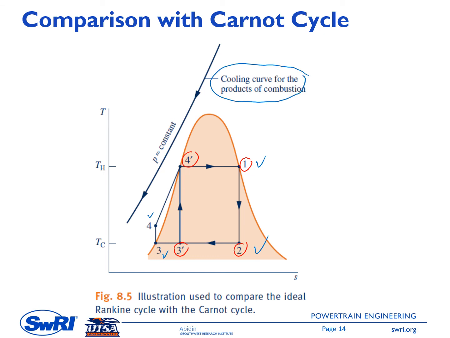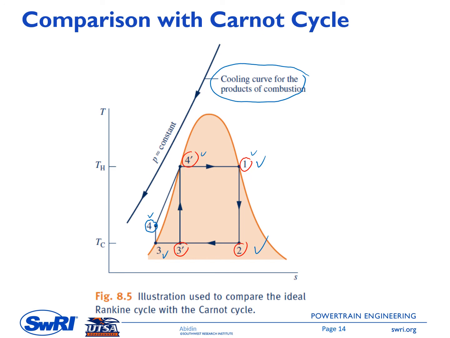If we use a Carnot cycle, it means we can cool down this combustion product down to the temperature at 4 prime, or 1 here. But if we use the ideal Rankine cycle, we can cool down this combustion product down to point 4, ideally, but we will never reach this point 4.